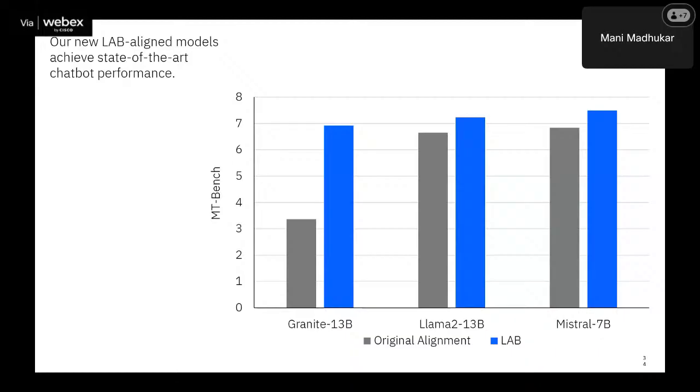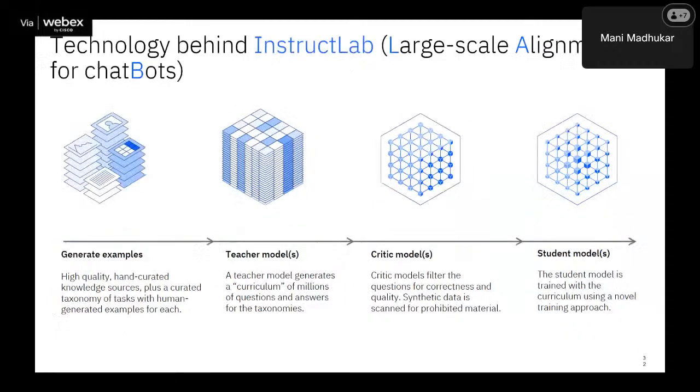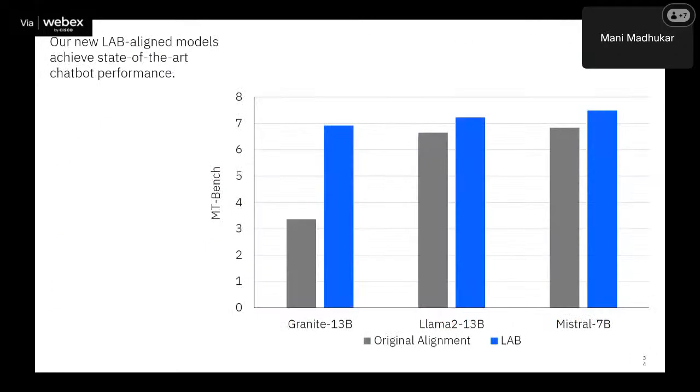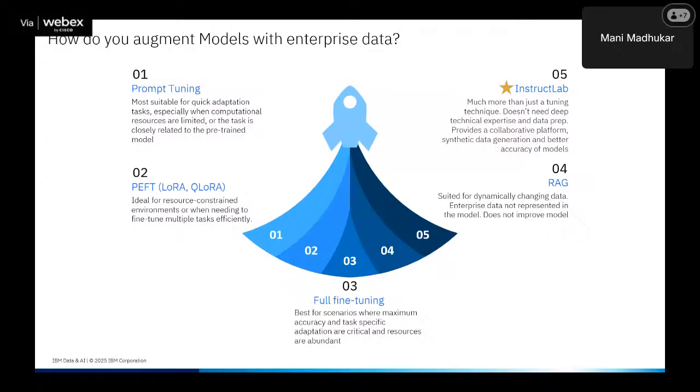What was the LAB approach? Large-scale alignment for chatbots. That's the approach for enhancing or fine tuning large language models, and you can see the outcome over here. How is the performance changing?